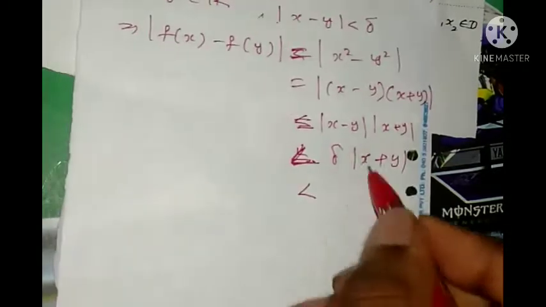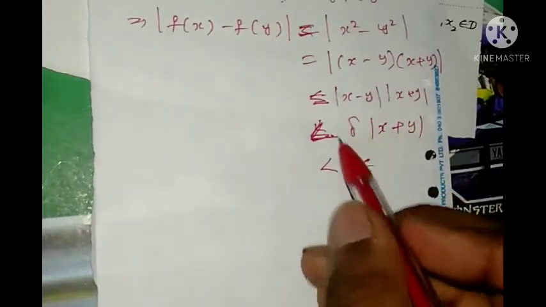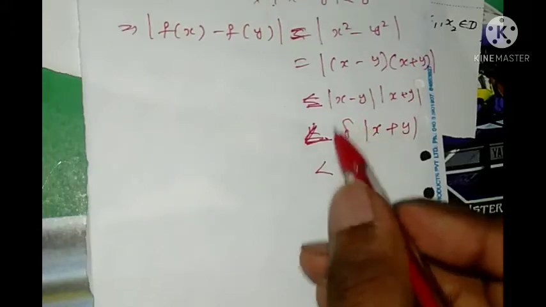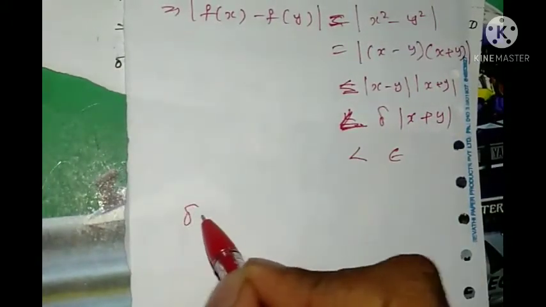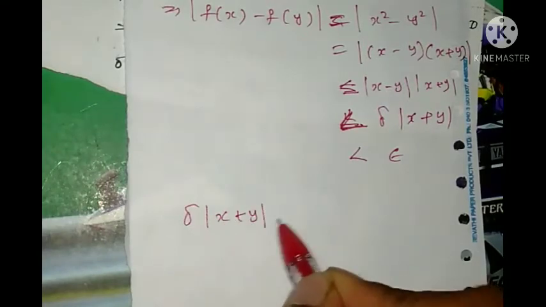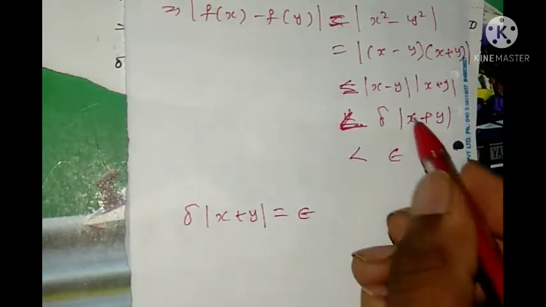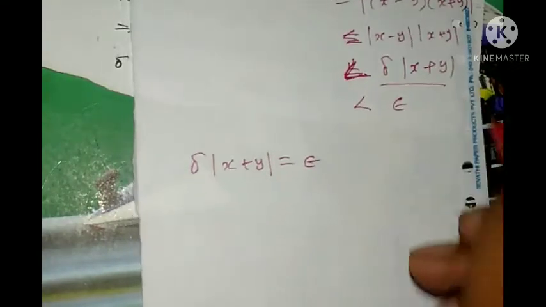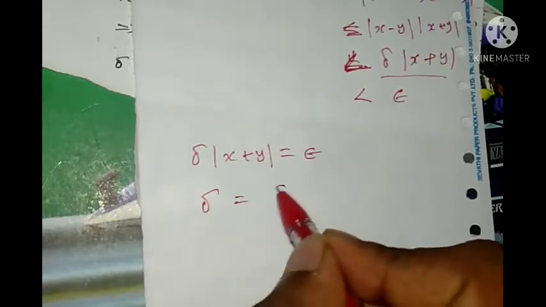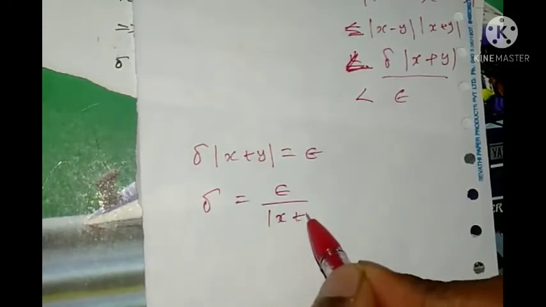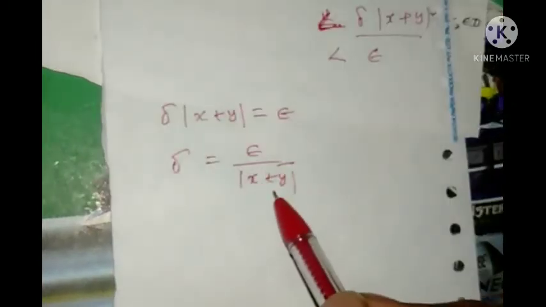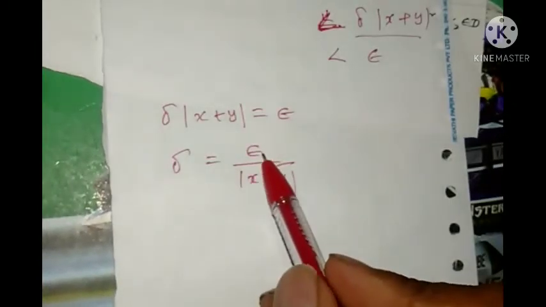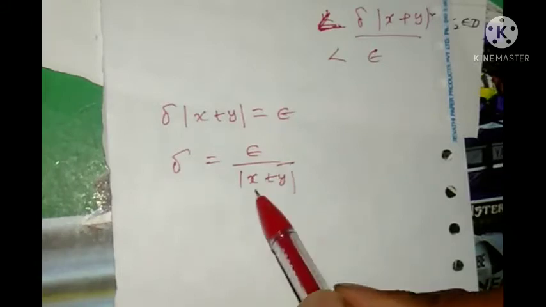This entire term we take as epsilon. Now we have to find the value of delta: delta into mod of x plus y is equal to epsilon, so delta is equal to epsilon by mod of x plus y. Now delta depends on the points as well as epsilon.